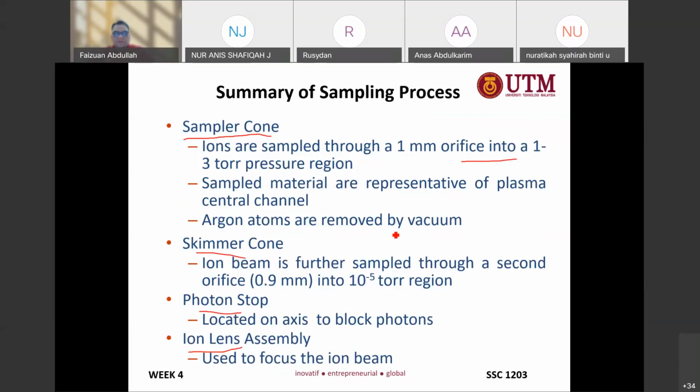Argon atoms are removed by vacuum. In the skimmer cone, the ion beam is further sampled through a second orifice, 0.9 millimeter, into a 10 to the power of -5 Torr region. The photon stop, located on axis, blocks the photons, and the ion lens assembly is used to focus the ion beam.